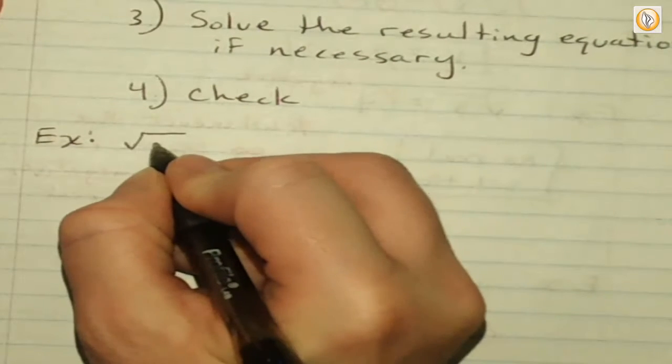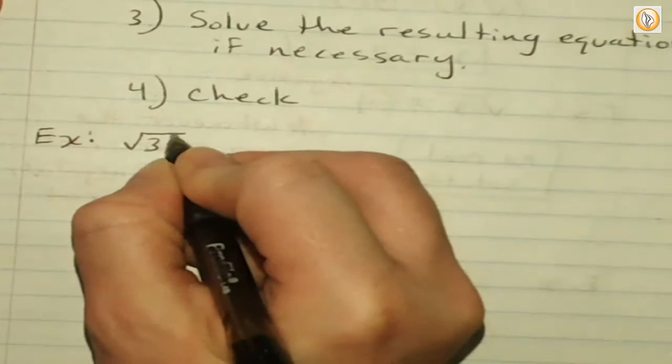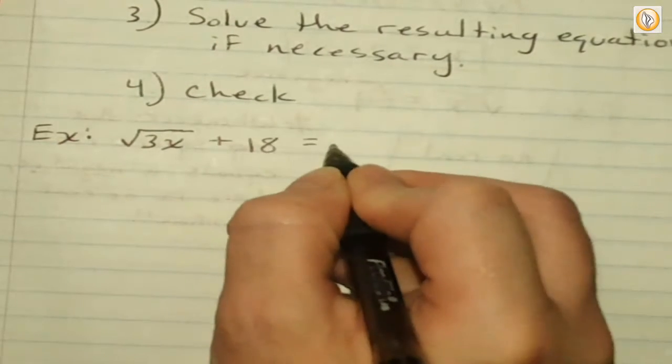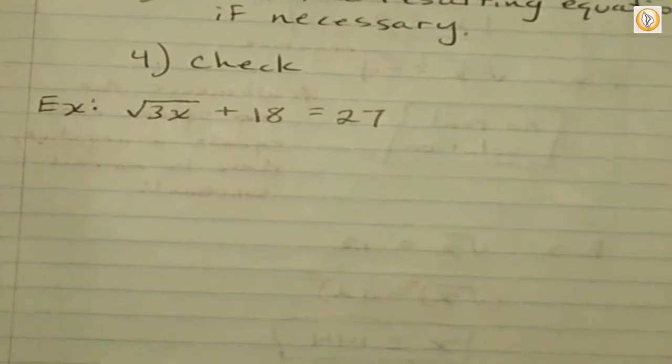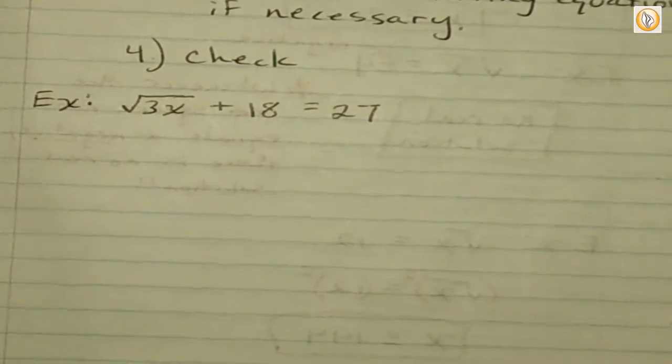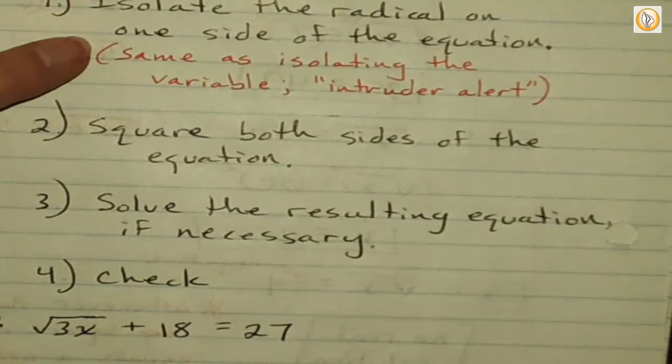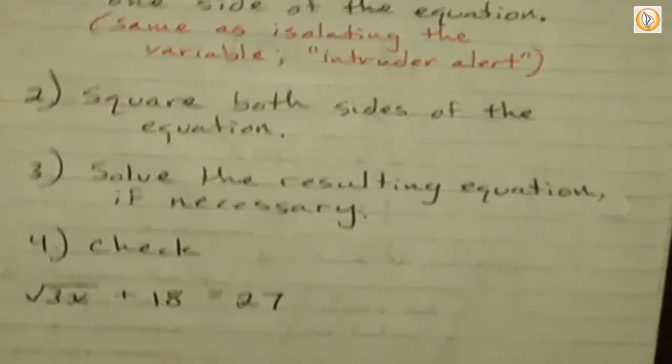Let's say I had radical 3x plus 18 equals 27. See, I tell these stories to help people that are a little bit slow at writing catch up. Okay, so here's my equation. Step 1, we're going to isolate the radical on one side of the equation.